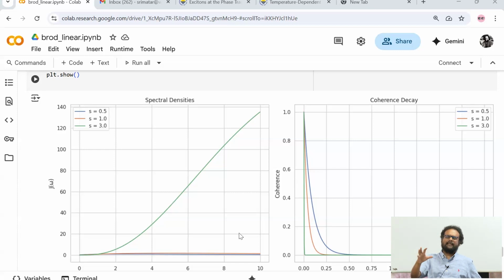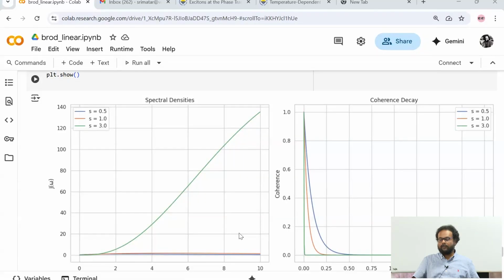So the takeaway message is that your bath can come in different forms. Sometimes the bath will have large spectral density to drive very rapid fluctuations. And when you have such very rapid fluctuations, you're in the so-called homogeneous limit with an effective dephasing rate, which is mono-exponential.